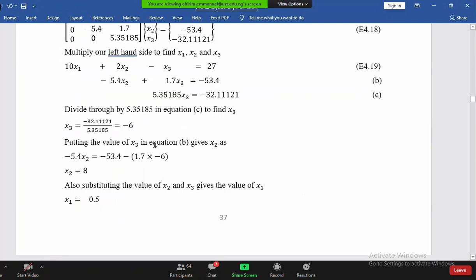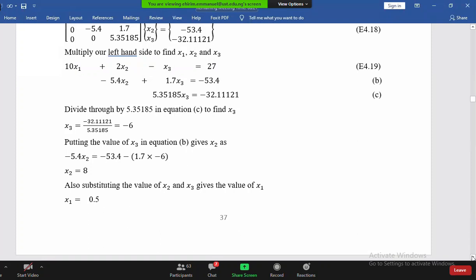And then we substitute x3 into the second equation. We get x2 equals 8. And then we substitute x3 and x2 into equation 1. If you do that, you will have that x1 is 0.5 like we did before.